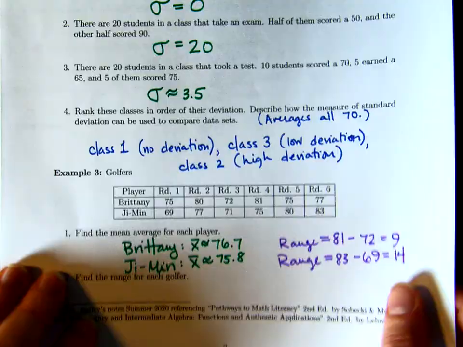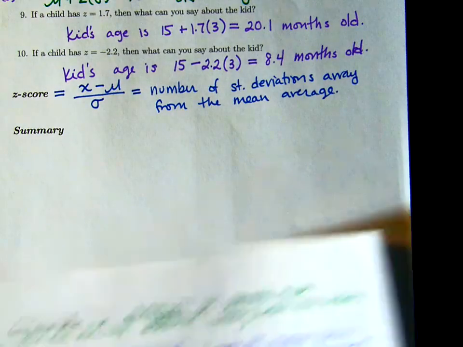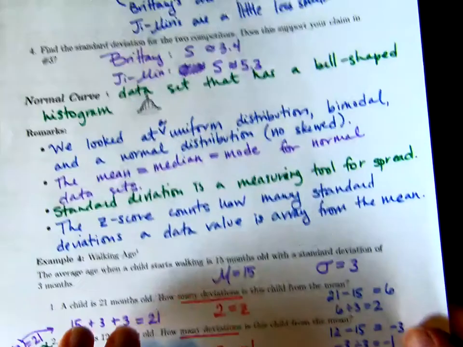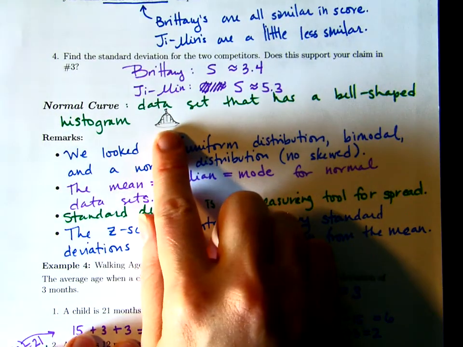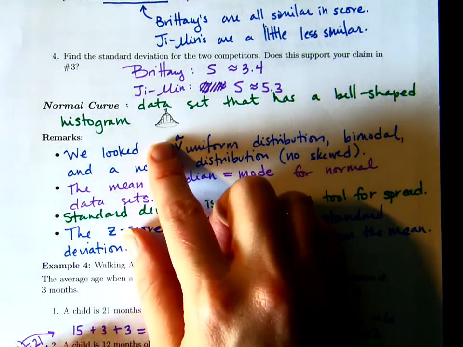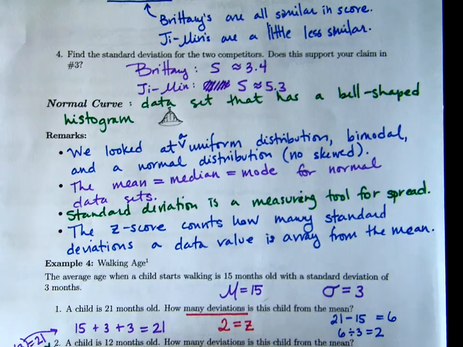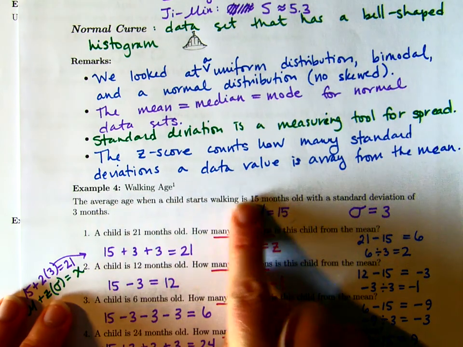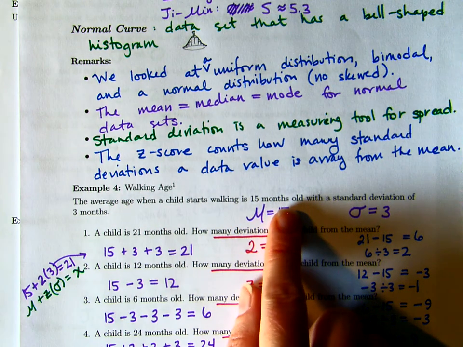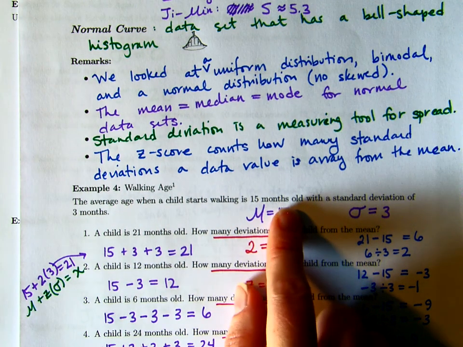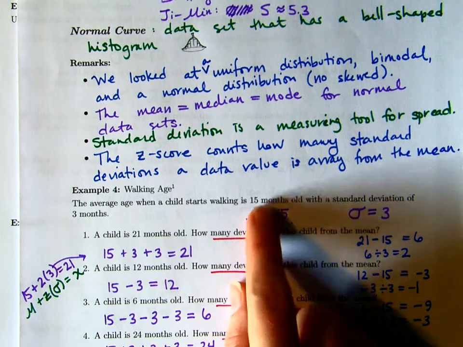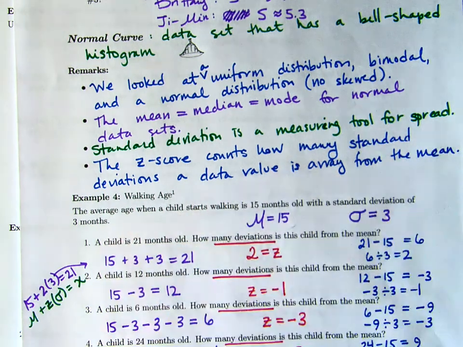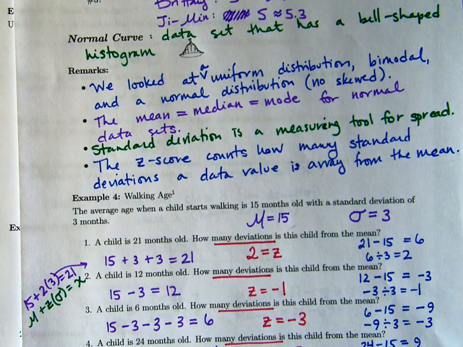And after we talk about consistency, then what's normal? What do we consider normal? We think that the walking age of kids is pretty normal. Normally they walk around 15 months old, and the deviation of that is about 3 months.